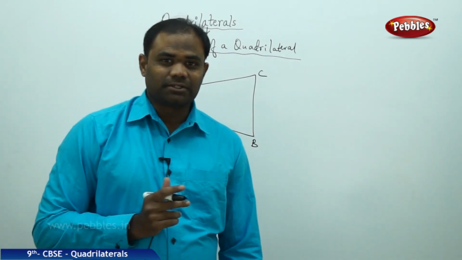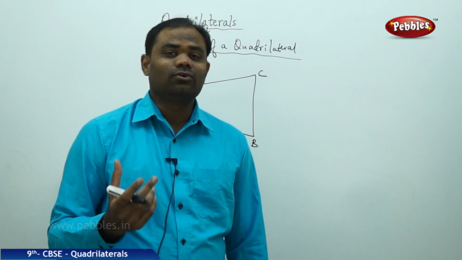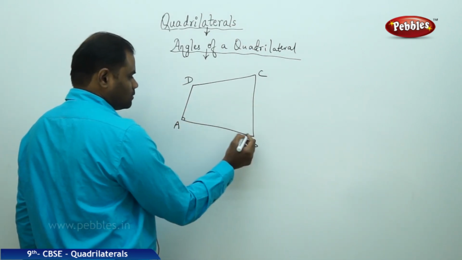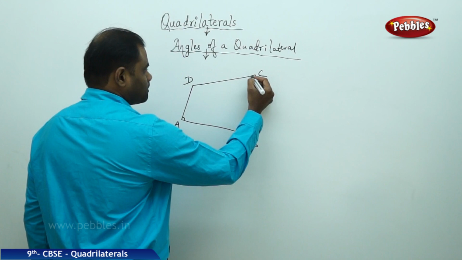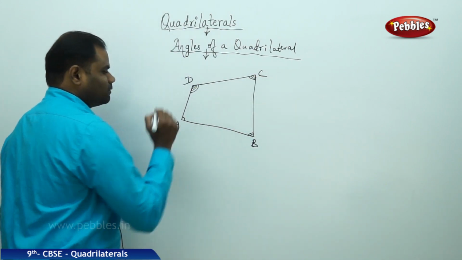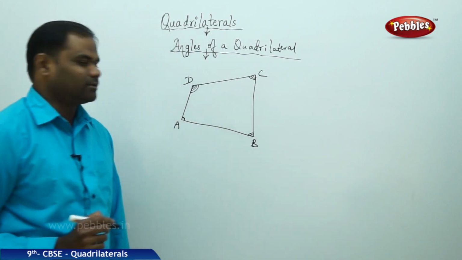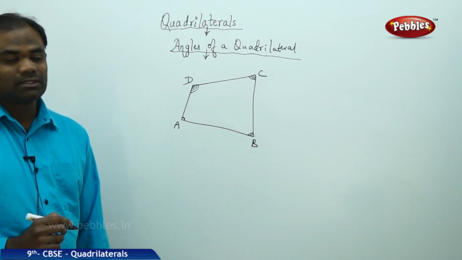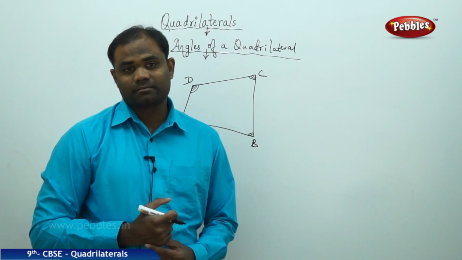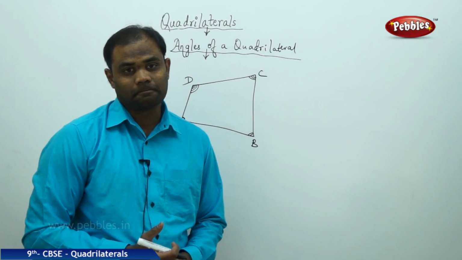Clearly, in the previous session, we have discussed that for a quadrilateral ABCD, there are four angles which are possible: angle 1, angle 2, angle 3 and angle 4. But these angles are classified into different types with their own respective definitions based on the geometrical properties.